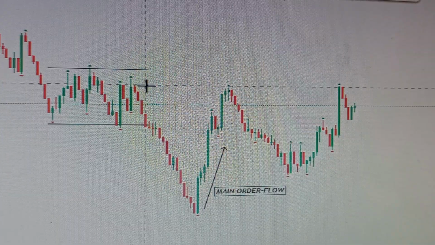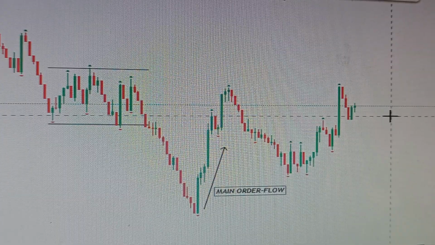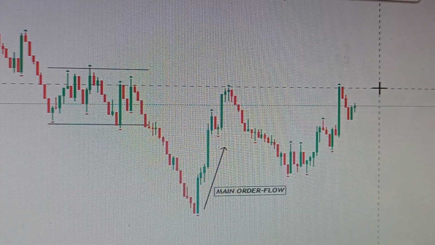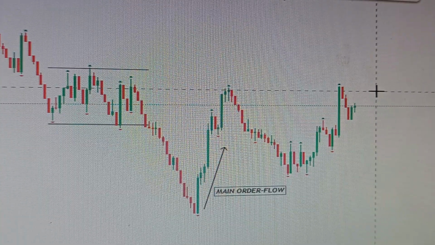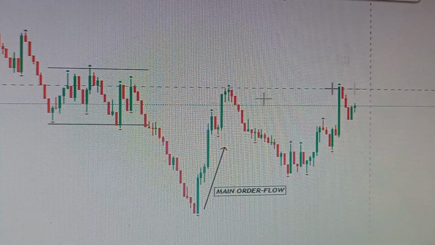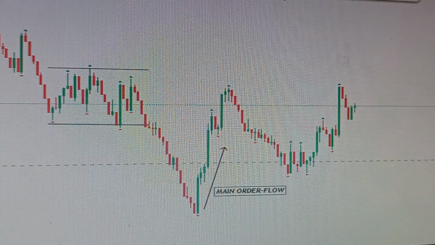So anything could have happened in this market for it to return. Hence we see on that price right there, we had to break the structure to change character.